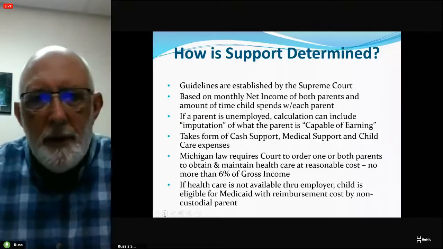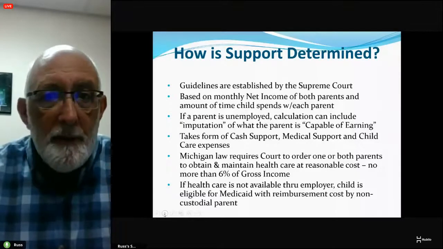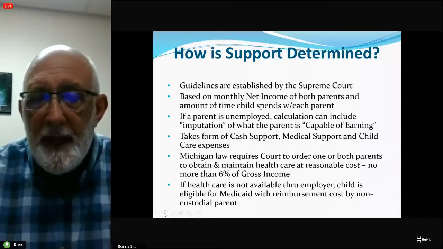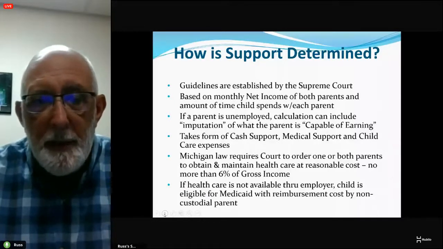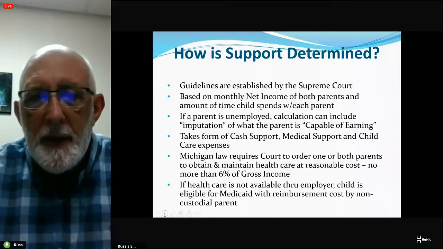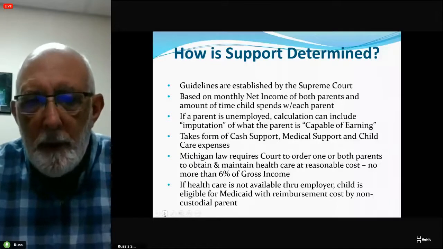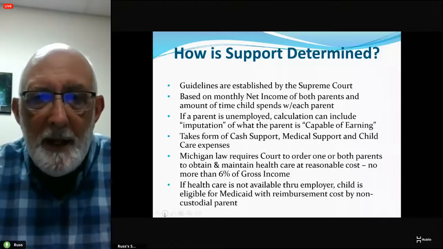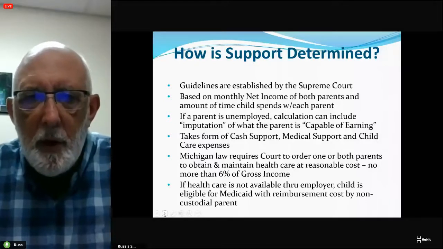Child support is determined. It can take the form of cash assistance. It can be medical support through Medicaid and may include child care expenses. Michigan law requires that the circuit court, the family court, order one or both parents to obtain and maintain health care at a reasonable cost.